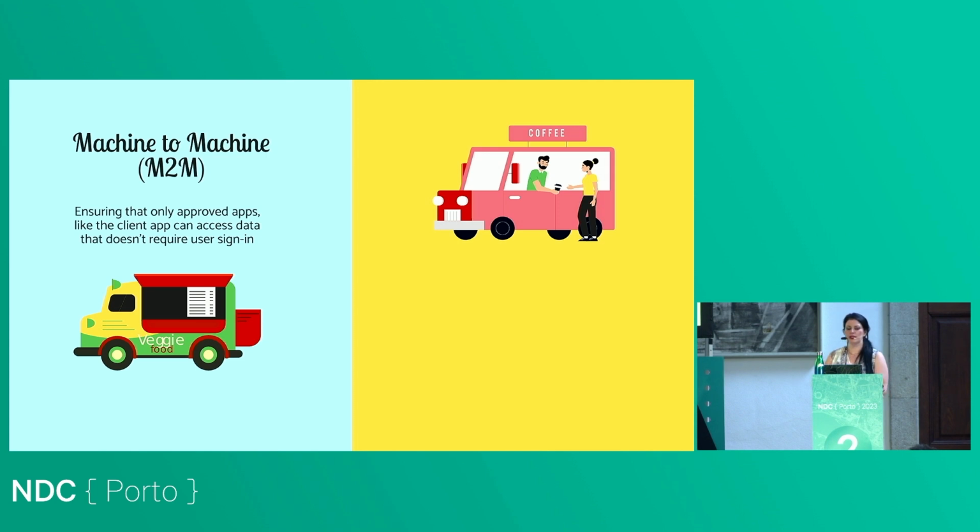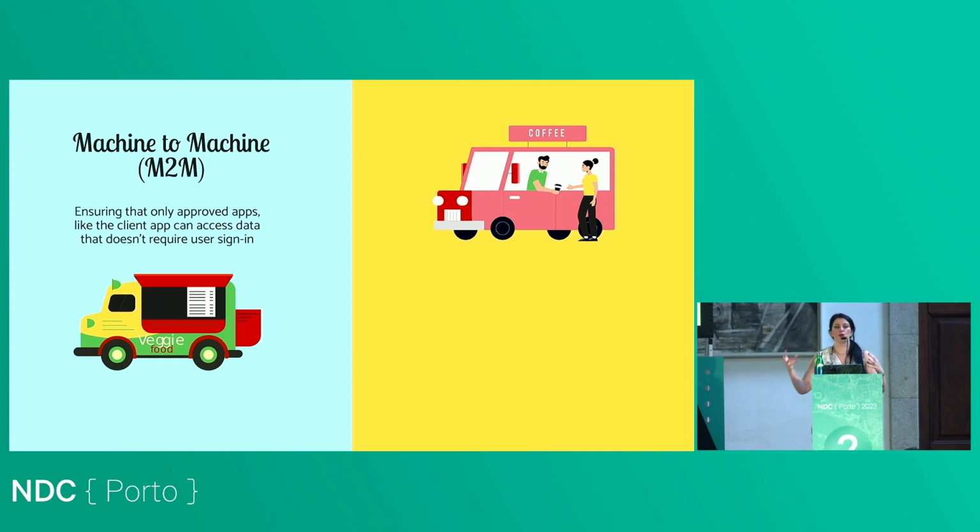There's two things. You have machine to machine. So this is without a user. Now you've got your back-end services and now you've got your client. How do you know that your client is actually your client? So this application that's requesting information from your back-end service, you don't want that just free for all. Anyone can come and get to your API. So you need something called machine-to-machine.